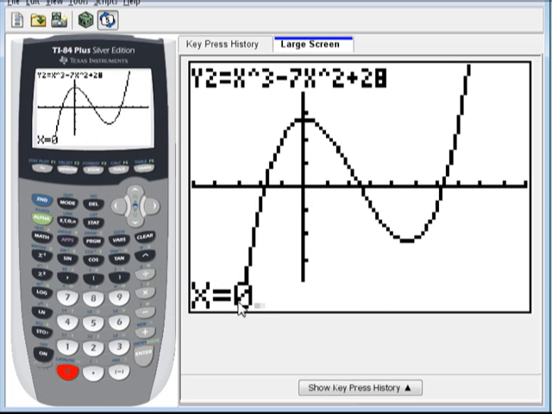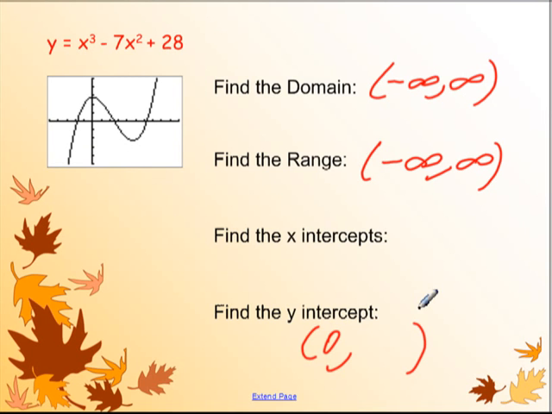It tells me x equals 0 for this function, and if I press enter, it actually shows me the exact coordinates there. Okay, so that's pretty convenient. So x equals 0, y equals 28, so I can determine that my y-intercept is 28 pretty quickly and easily.